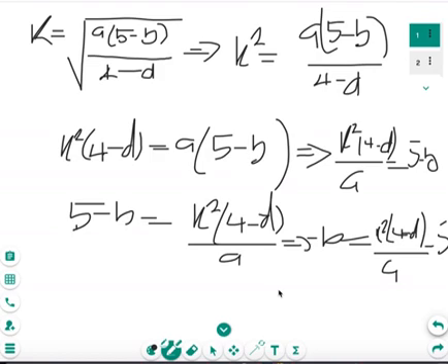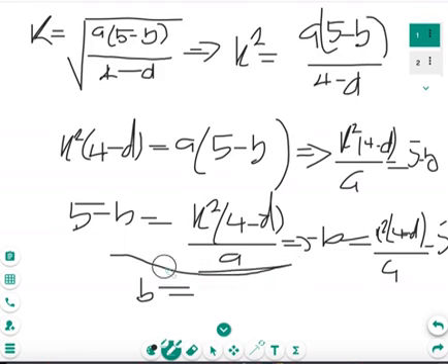So now you have minus b, you want b, so what do you do? You multiply through by minus 1. So if you multiply through by minus 1, you get b is equal to. In the same way, you could have multiplied through by minus 1 at this stage. That's why I was asking you.